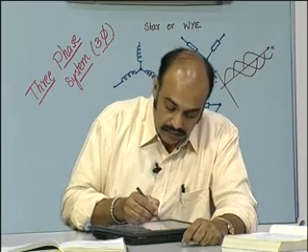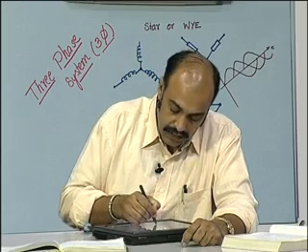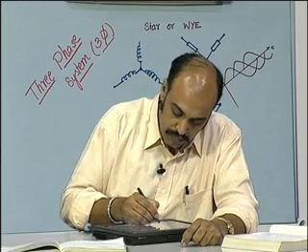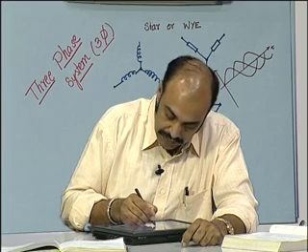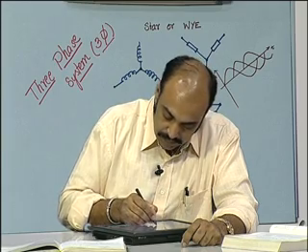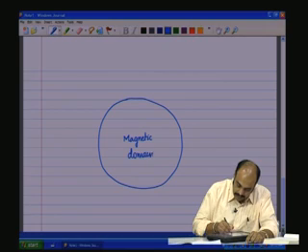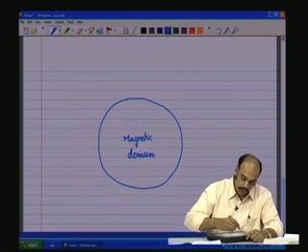So, the central cauldron is generally a magnetic domain. Most of our electrical technology applications, magnetic domain.